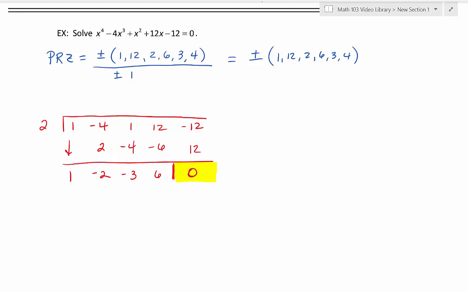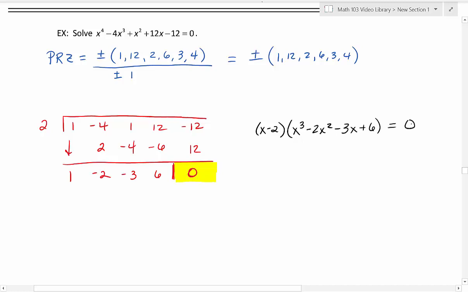The factor we get from our 0 of positive 2 is x minus 2. Our next factor is going to be cubic, since we started with a fourth degree. So that's x to the third minus 2x squared minus 3x plus 6.